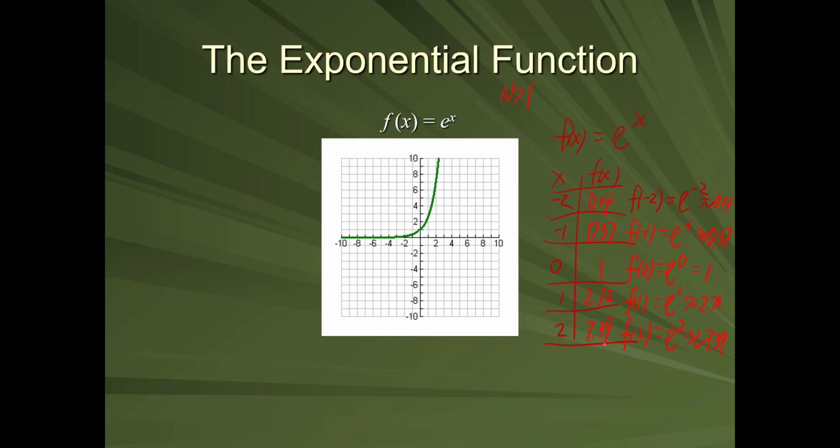Now once you plot those 5 points, right? So let's say 2, 7.39 here, and 1 is 2.72. That's somewhere here. Once you sketch all those points, 0, 1 here, -1 is 0.37 here, and -2 is 0.14.